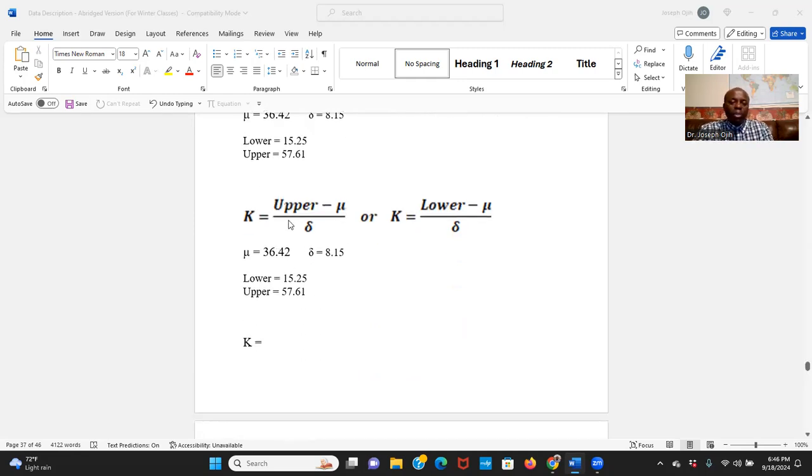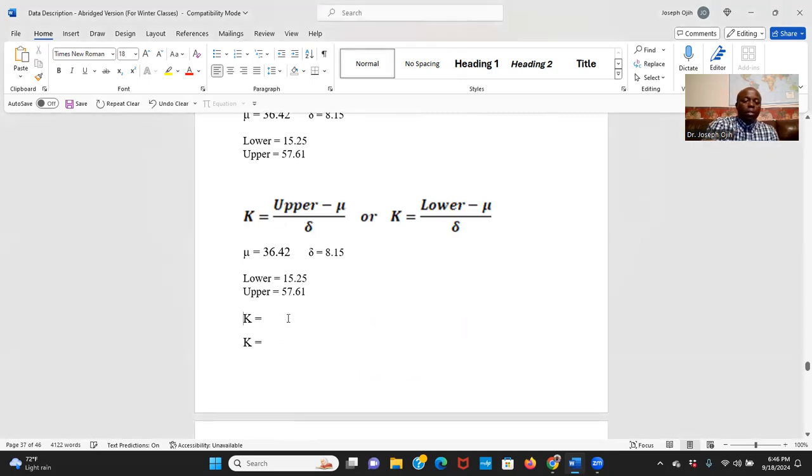Let's try the upper range first. If you're using the upper range, remember the formula says k equals upper minus mean, divided by standard deviation.